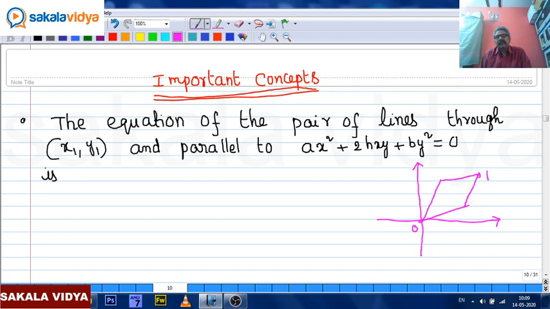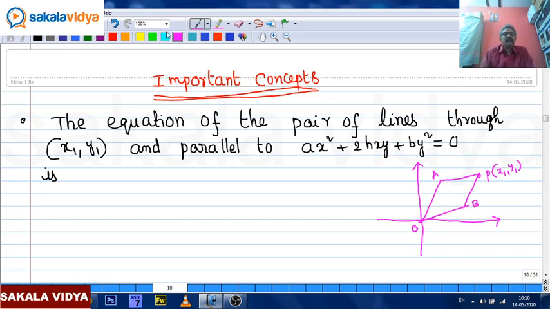This passes through P(x1, y1). Say this point is A, this point is B. OA, OB is given by ax square plus 2hxy plus by square is equal to 0. We need to find the combined equation of PA and PB, the pair of lines through x1 comma y1 and parallel to ax square plus 2hxy plus by square is equal to 0.